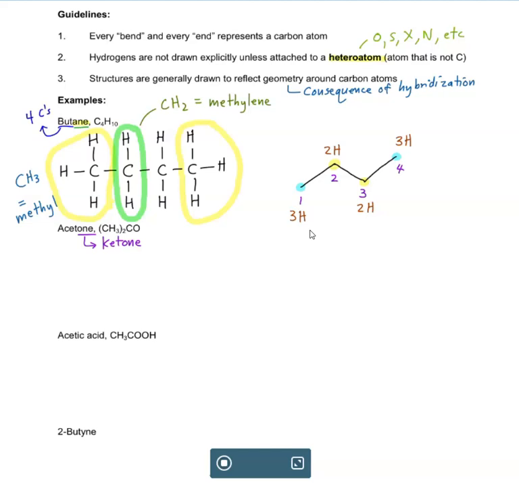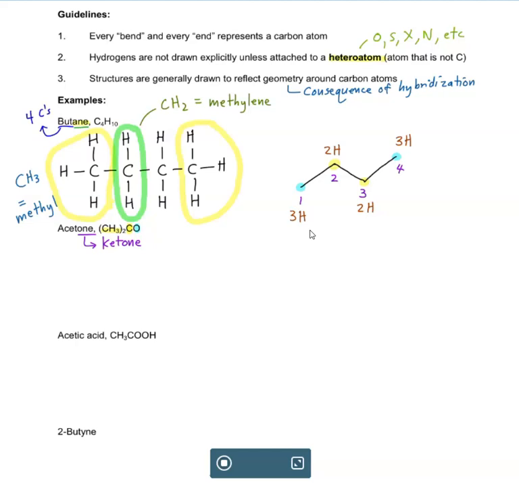Now, oftentimes when you're drawing these Lewis structures in the beginning of organic chemistry, they give you the formula more or less in the order in which the atoms are bonded. So what this is showing us in this formula is that you have two CH3 groups, so you have two methyl groups. They're both attached to this carbon that I've just highlighted in the formula, which is attached to this oxygen.